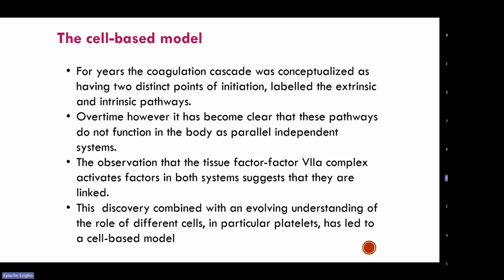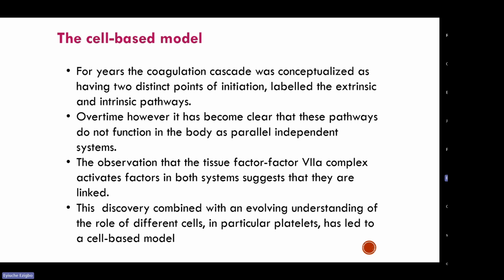It cannot compensate for that lack of factor in any of the pathways, because if they should be seen as independent, it means that the extrinsic pathway should be able to complete the process of coagulation, or the intrinsic pathway should be able to complete the process of coagulation.